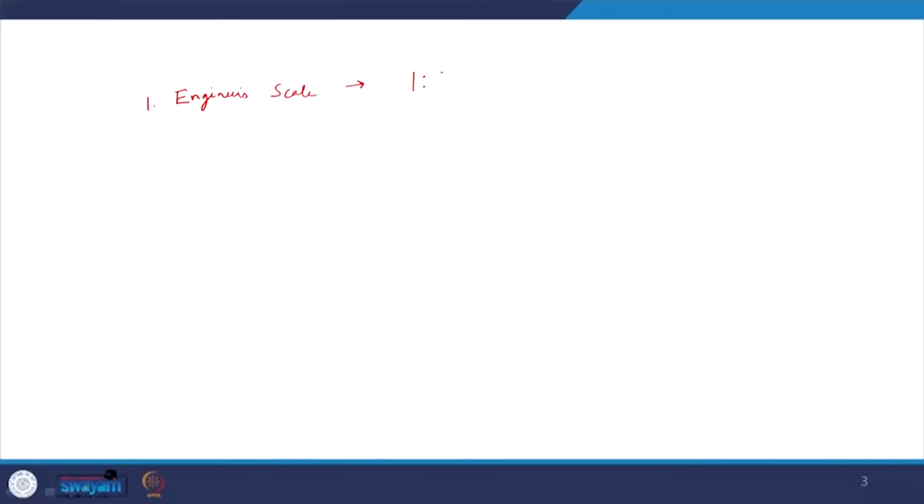And how do we do that? Just as I had done in the previous slide. We just write 1:100. That is the scale. So, it implies that 1 unit is equal to 100 units. I do not write what unit it is. Depending upon what unit you are going to use, it will be.